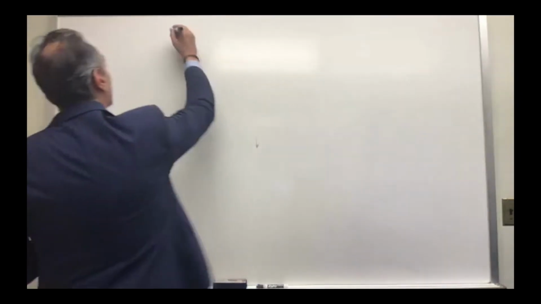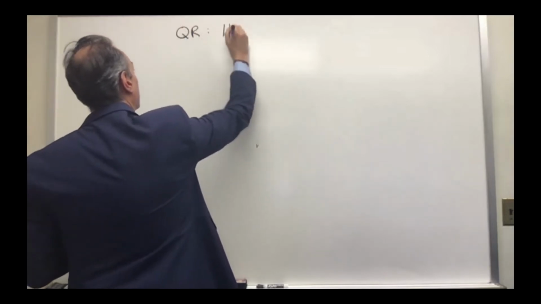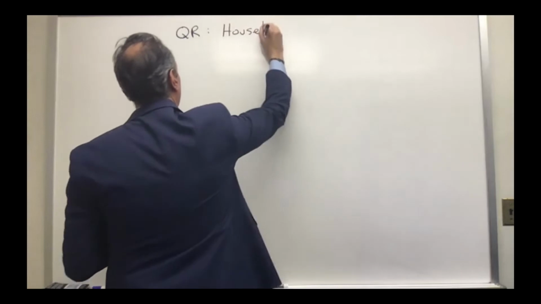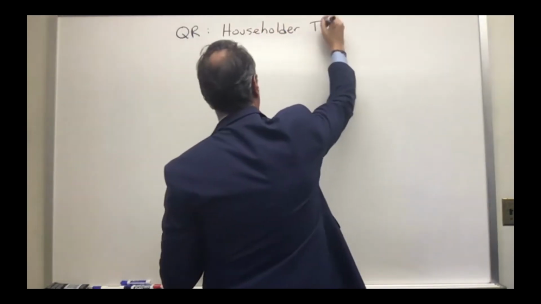So this is about QR and the Householder triangularization.